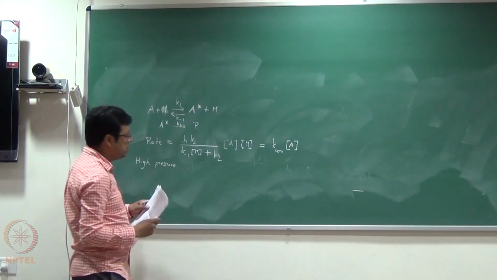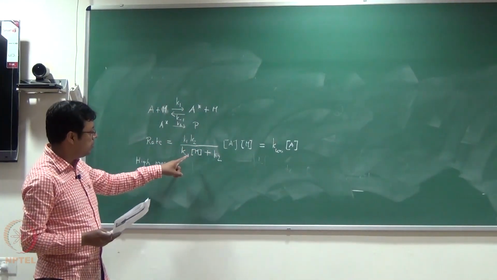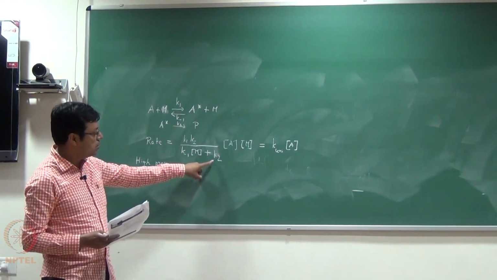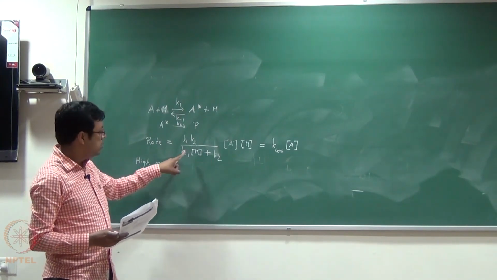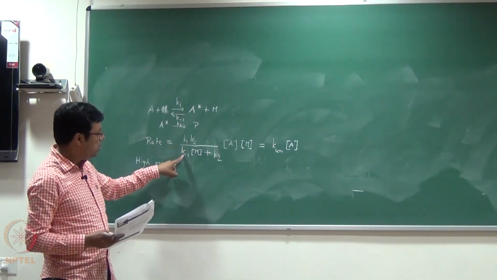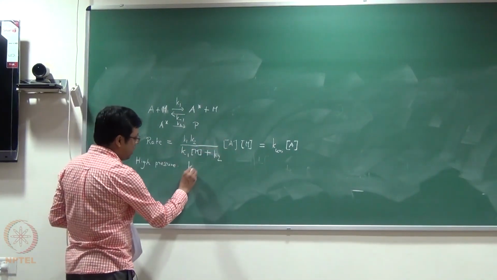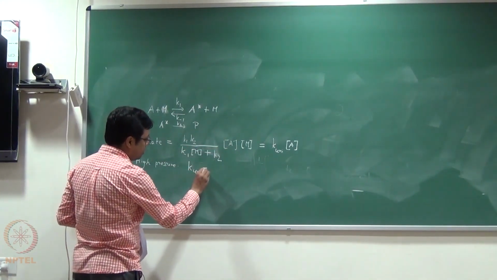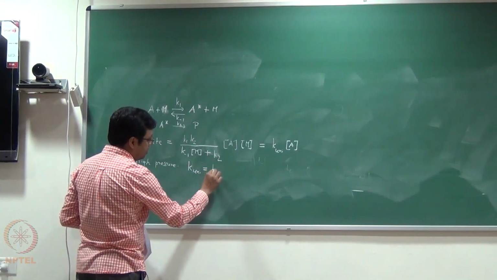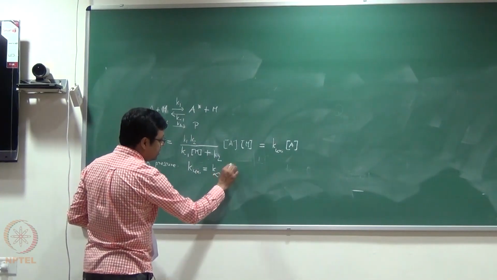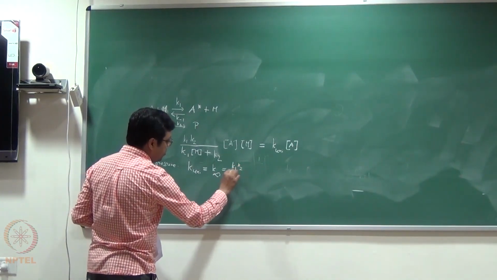You can see in the high pressure limit what will be the k unimolecular. So I will have M here. k minus 1 into M is much greater than k2. So I will have k1 k2 by k minus 1, and M is cancelled. So in the high pressure limit I will have k unimolecular, which I will write as k infinity, for high pressure. That is nothing but k1 k2 by k minus 1.